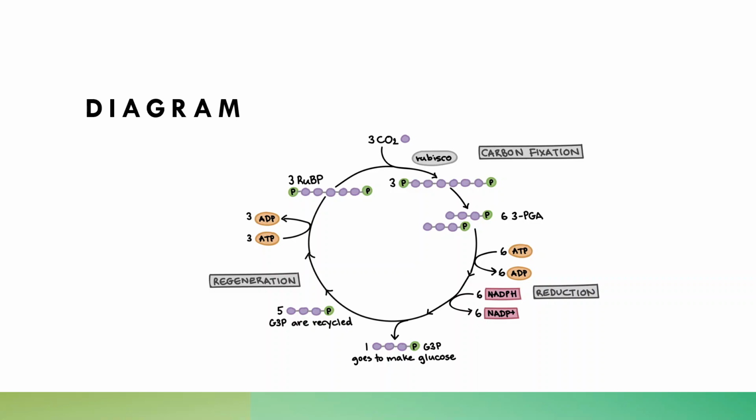As we can see, carbon dioxide enters into the Calvin cycle, where 3-PGA is produced, and then through the use of the ATP and the NADPH, we get G3P, which will then allow us to make glucose, and then it travels through, being recycled again with the help of ATP into RuBP, which will then continue the cycle.